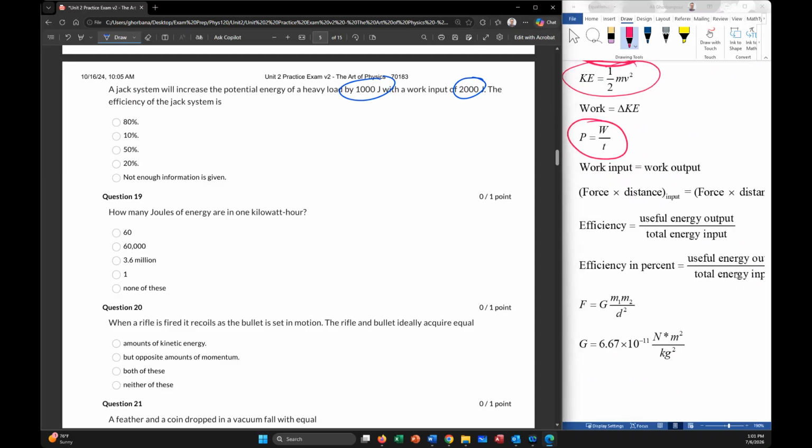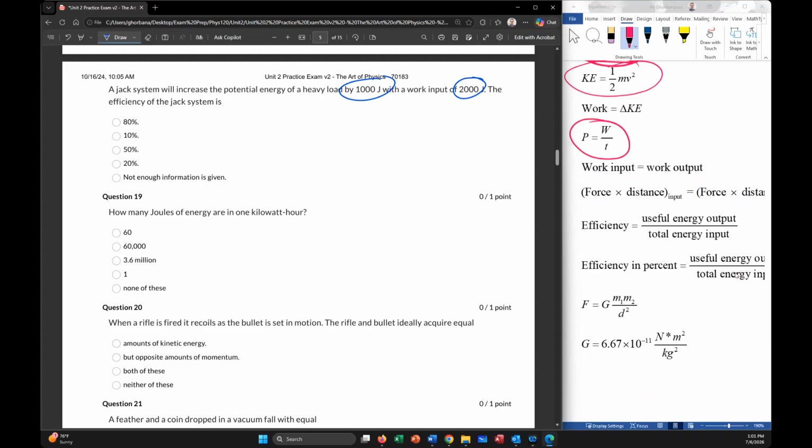Your input was 2000, so your total energy was 2000. What is your useful energy? How much is used? 1000. Multiply by 100%. What is the efficiency? 50%. 1000 divided by 2000 is 0.5, and 0.5 times 100 is 50%.